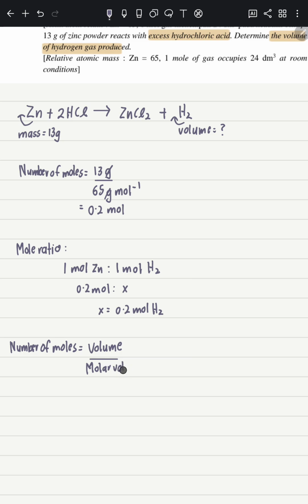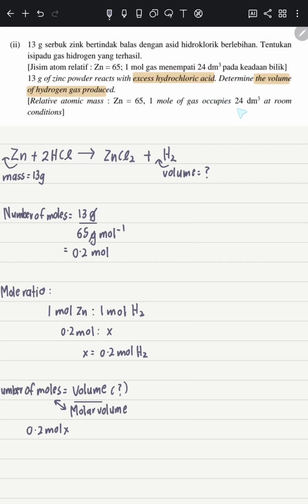So in our current case, I want the volume, so this is my subject I want to find, so I just cross multiply these two. My number of moles I already have, 0.2 mole, and my molar volume, they say 1 mole of gas occupies 24 decimeter cube. So literally your molar volume is 24 decimeter cube per mole.